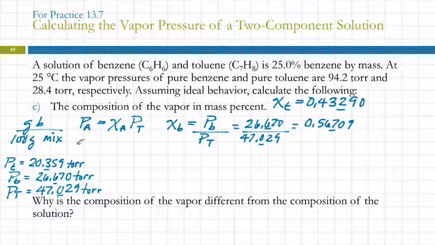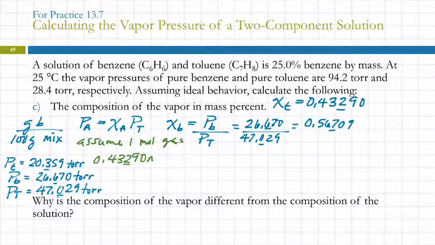So we're going to assume 1 mole of the mixture of the gas, the mixed gas. So then I have 0.43290 moles of benzene.